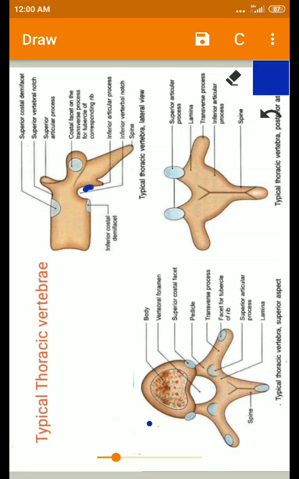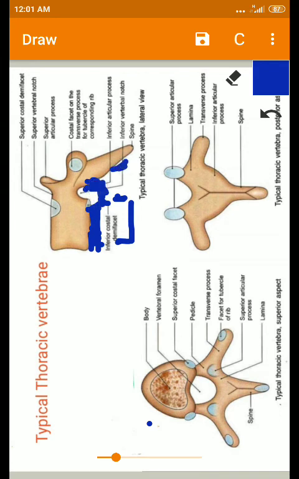So then what happens? For example, another vertebra which is present below this one. Already this one is deep. Here the pedicle is present, and in between we have the intervertebral disc.